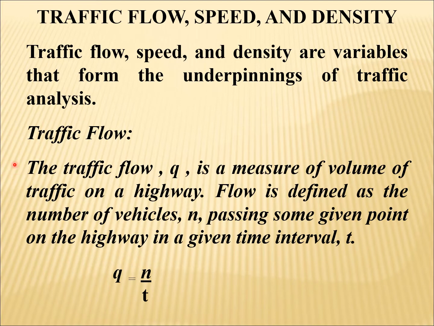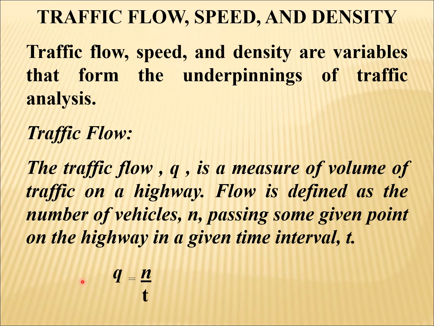The traffic flow, generally denoted by small q, is a measure of volume of traffic on a highway. Flow is defined as the number of vehicles n passing some given point on the highway in a given time interval t.